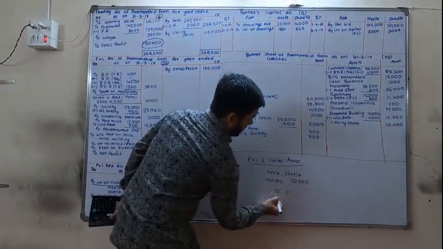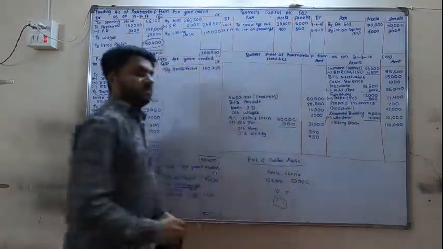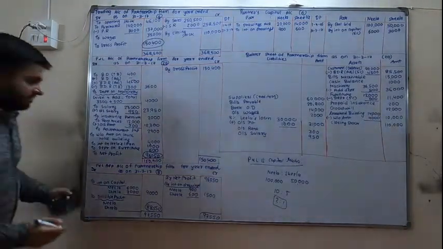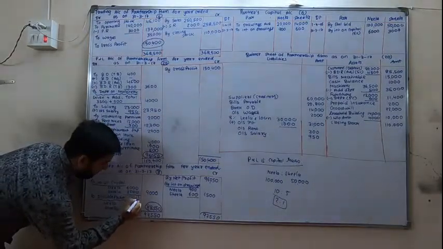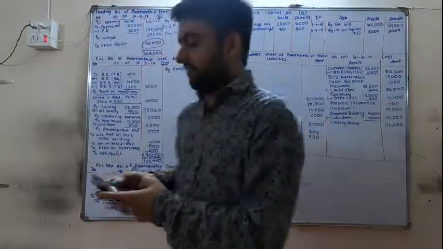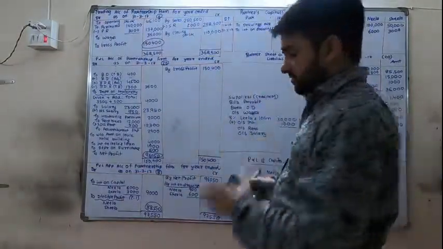So 10 is to 5, 2 is to 1. So this is the P&L ratio. Okay. Now we can distribute in 2 is to 1. So 88,550 in 2 is to 1.